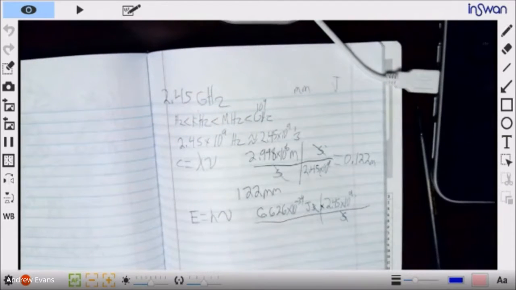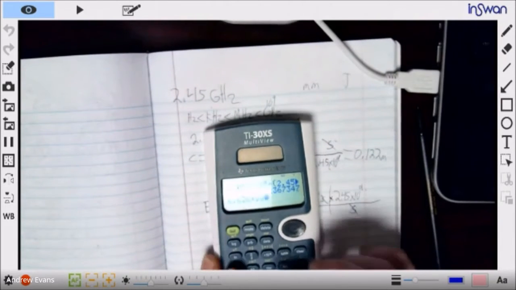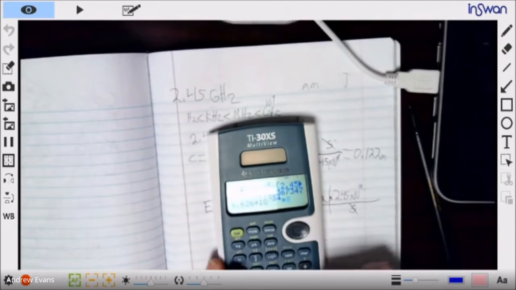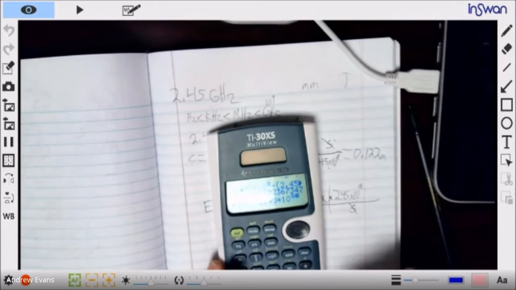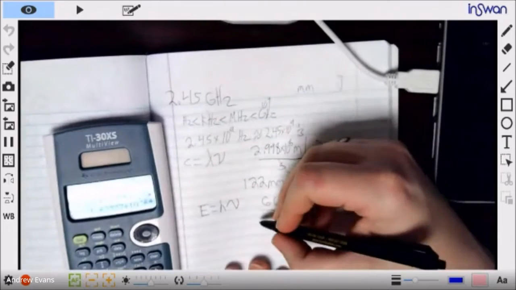So plug that in: 6.626 times 10 to the negative 34 times 2.45 times 10 to the 9. I got a really small number, 1.62.